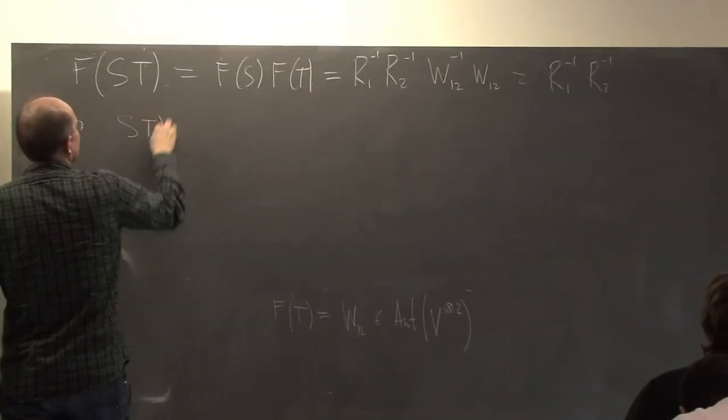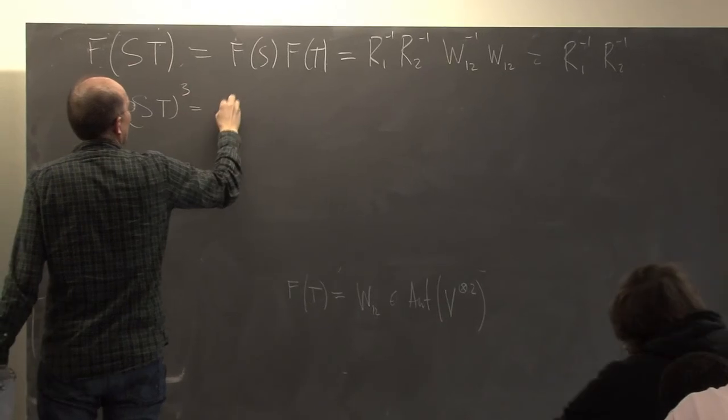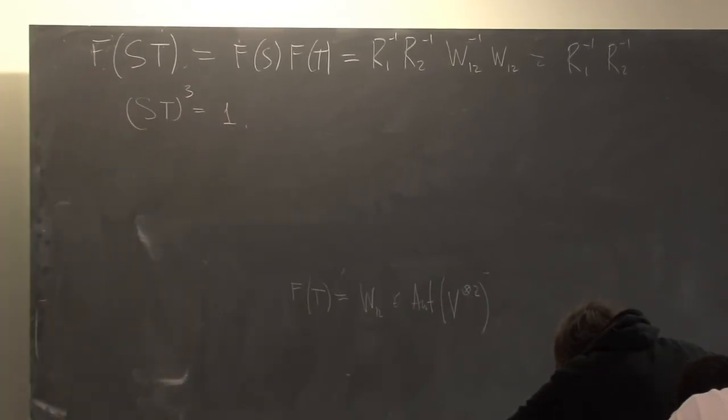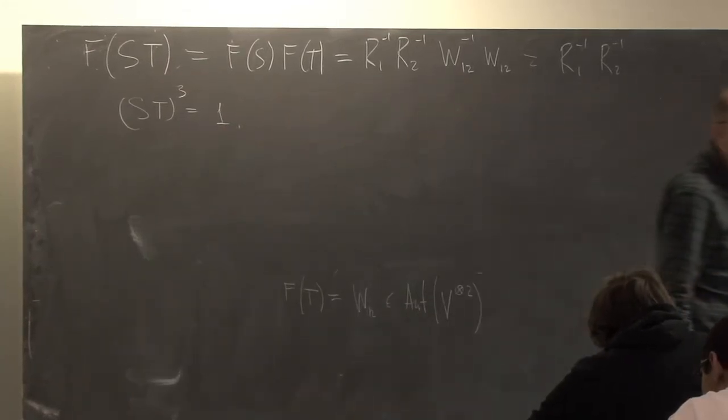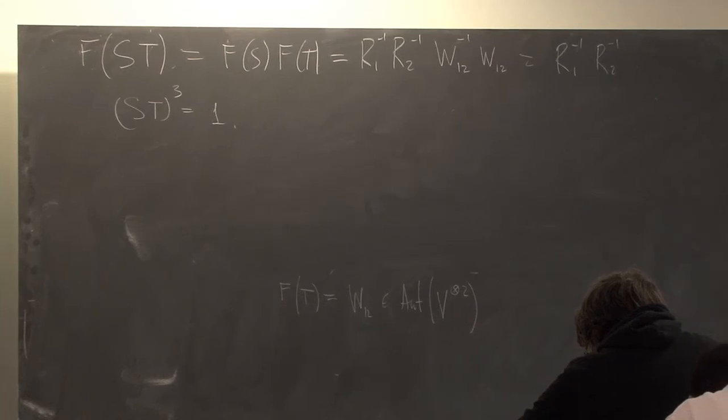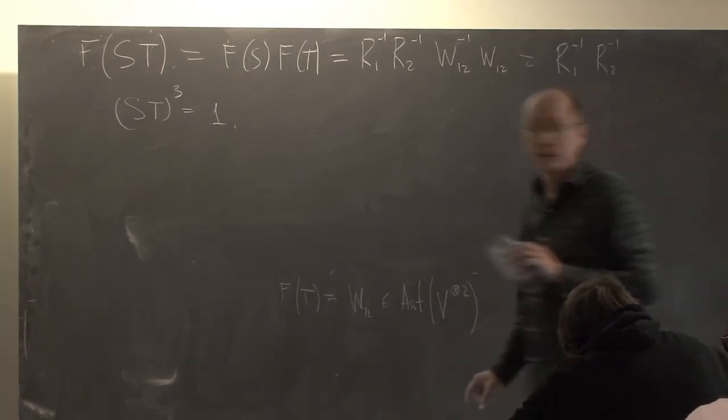And on the other hand, we know that ST power 3 is 1. But we know that our elements are of order 3. So taking a cube of that, we get as well the identity.